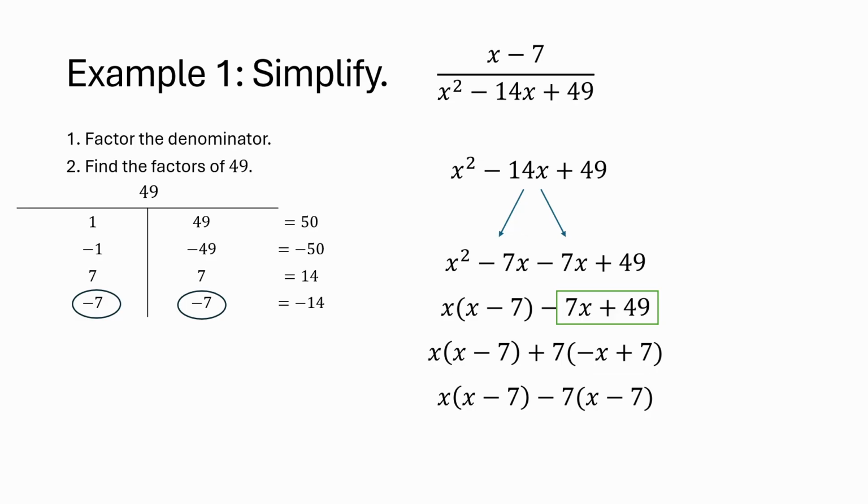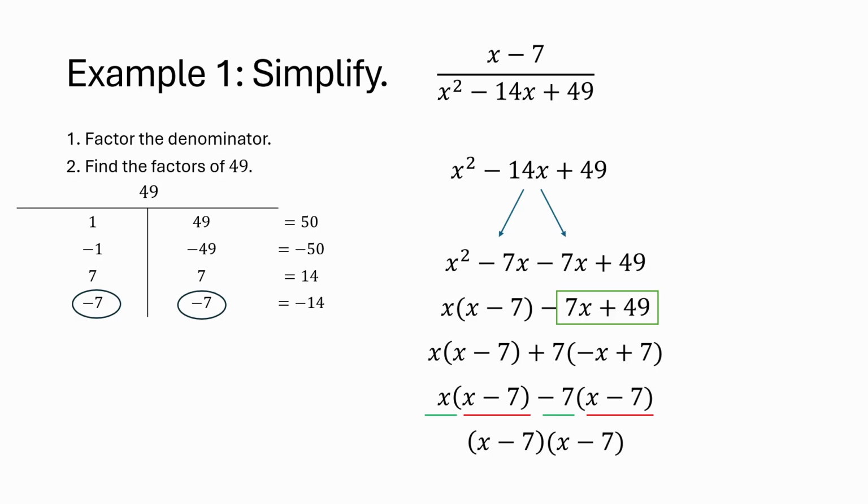Now the two binomials match, and that's what we want to happen. That's going to be one of my factors, the x minus 7. The other factor will be the terms in front of the parentheses, which is also x minus 7. So the denominator factors to be x minus 7 times x minus 7.